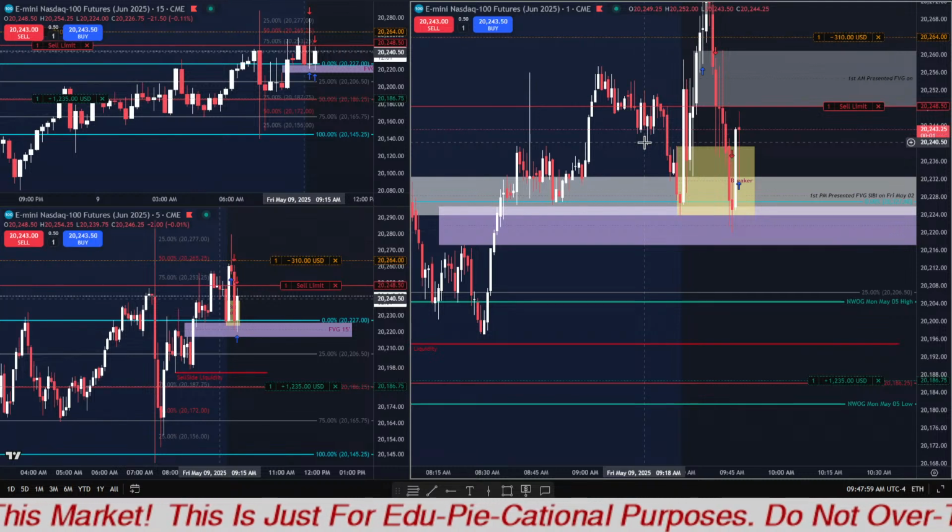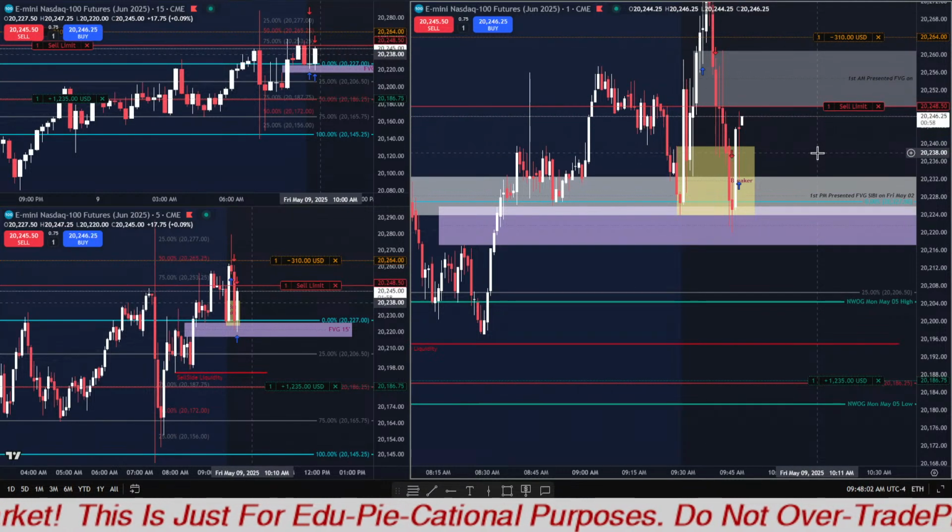Now the market is working below the first presented fair value gap over here.